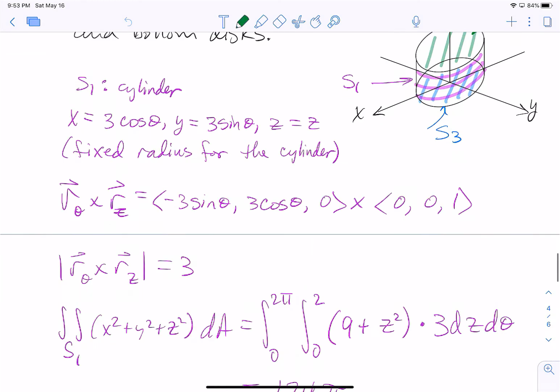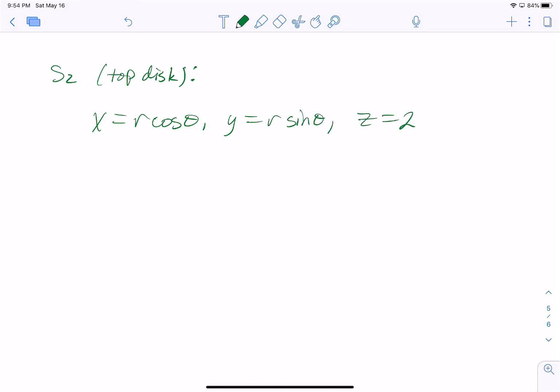So when we consider S2, the top disk, we're going to let x equal r cosine theta, y equal r sine theta, and z is equal to 2 because that disk has a fixed height.